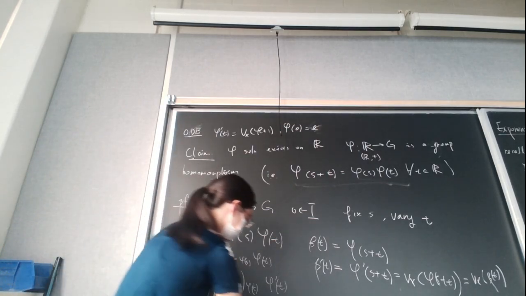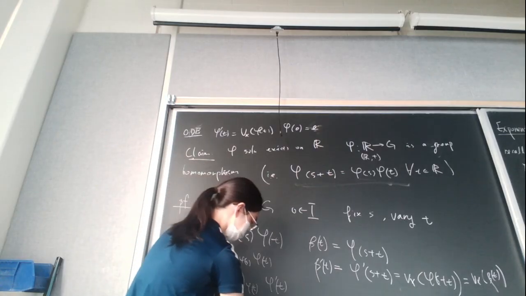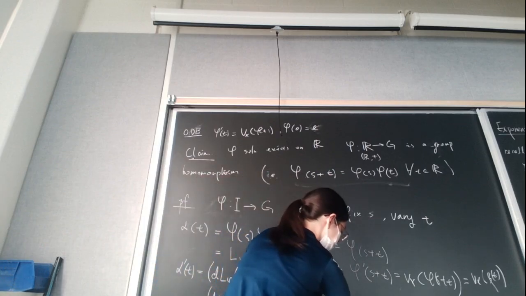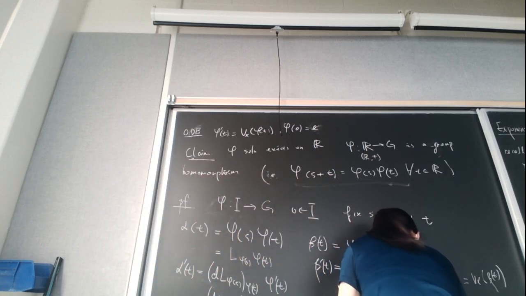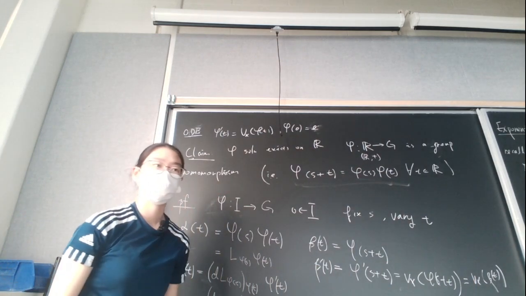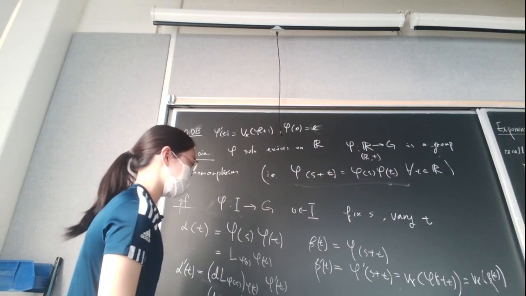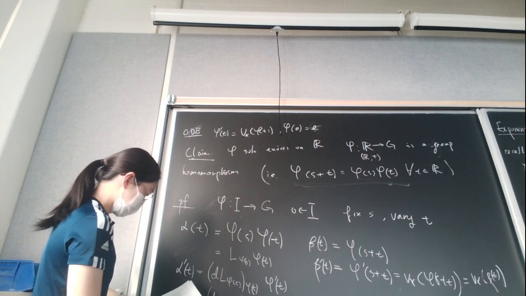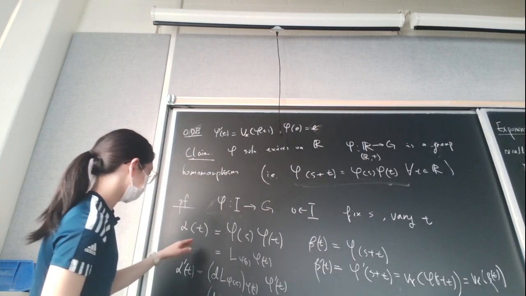Which gives us this, and by definition this is just equal to Vx applied to phi of S times phi of T, which is Vx of alpha of T. Okay, so they both solve the ODE and they have the same initial condition.